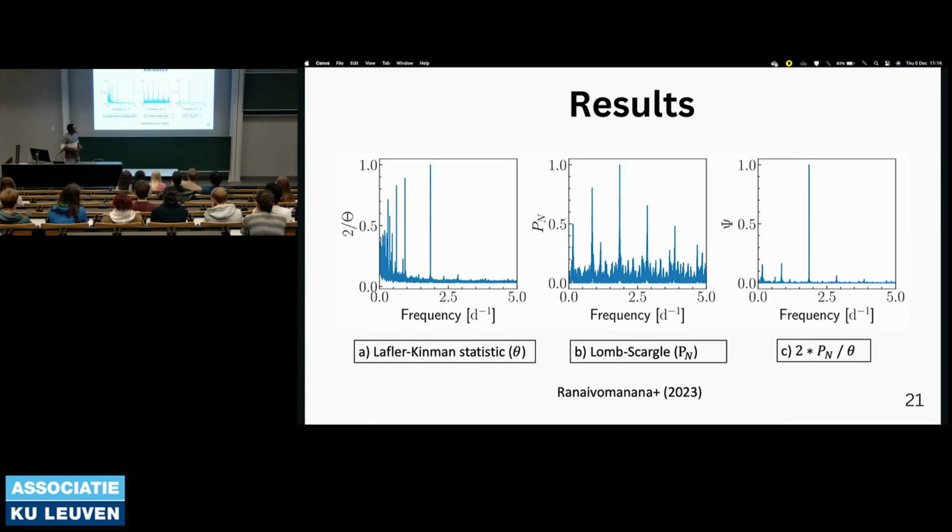So I'm going to give you some outlook of the results. First, you can see on the left an example of frequency analysis using the Lafler-Kinman statistic. In the middle, the Lomb-Scargle periodogram, and on the right, we can see the resulting hybrid approach.